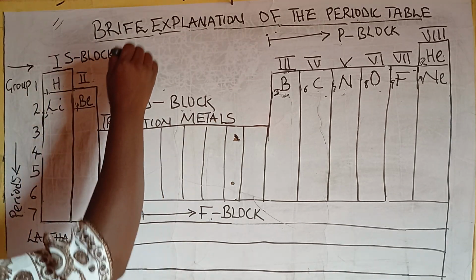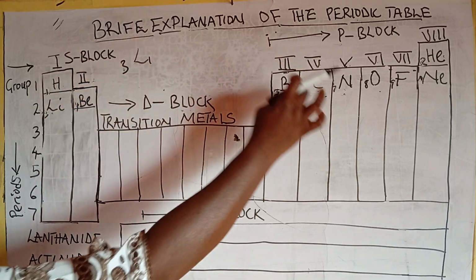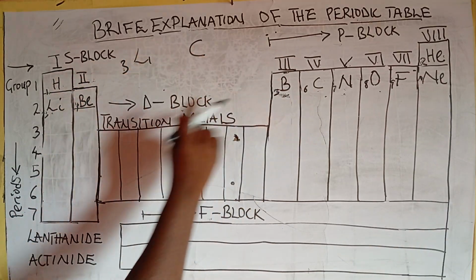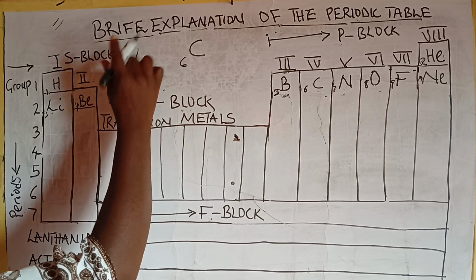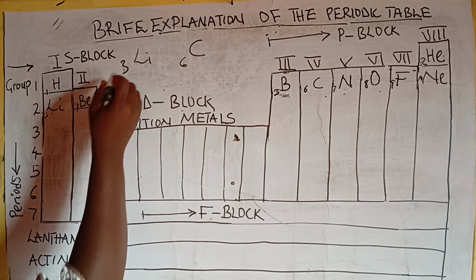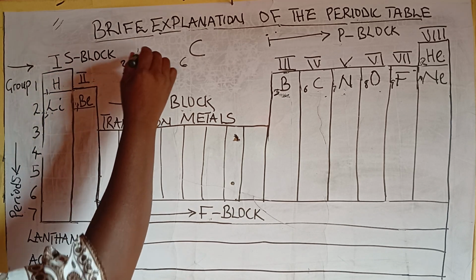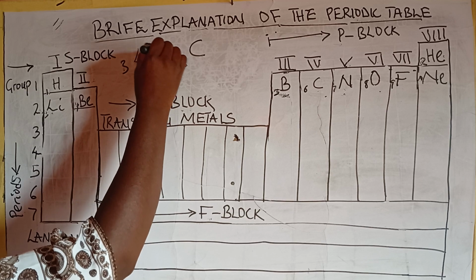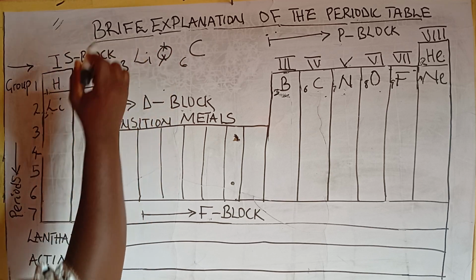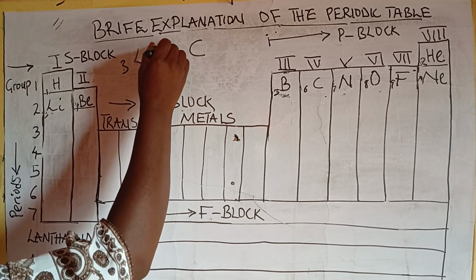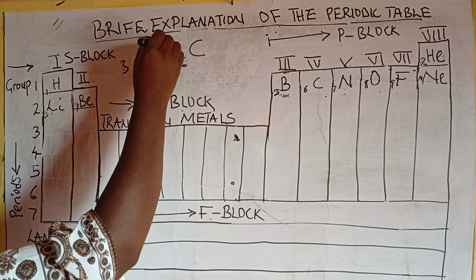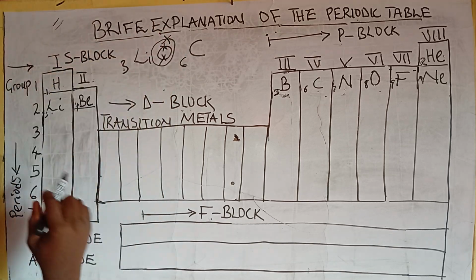Let's look at lithium with atomic number 3 and carbon with atomic number 6. If we try to fill the electrons of lithium in the shells, we'll have the first shell will take 2, 3 minus 2 remains 1. Then we'll create another energy level, another shell, and we'll put 1.